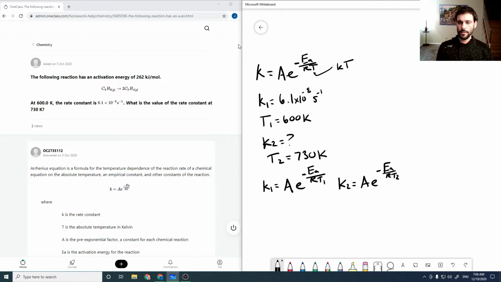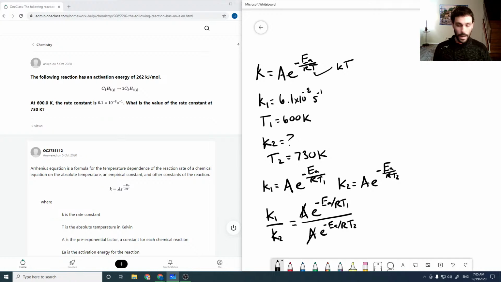Now if we divide these two, k1 over k2, okay, so then these A's will cancel. And dividing exponentials means you can subtract their factors.